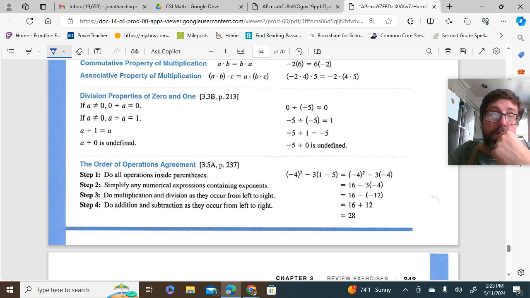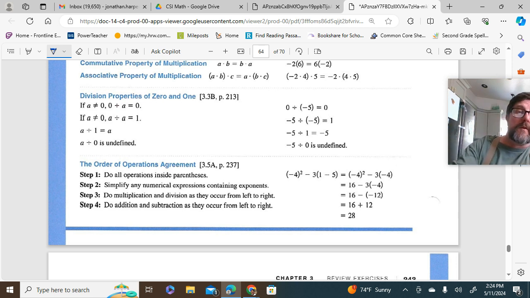Division properties of 0 and 1. If a does not equal 0, 0 divided by a equals 0. If a does not equal 0, a divided by a is 1.